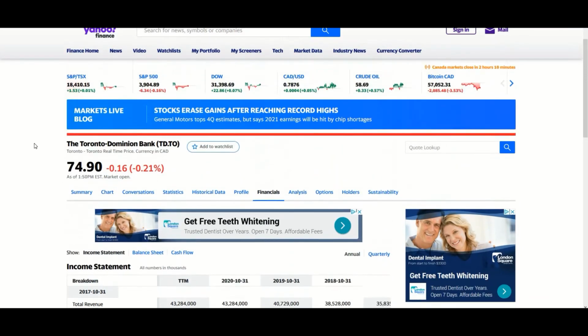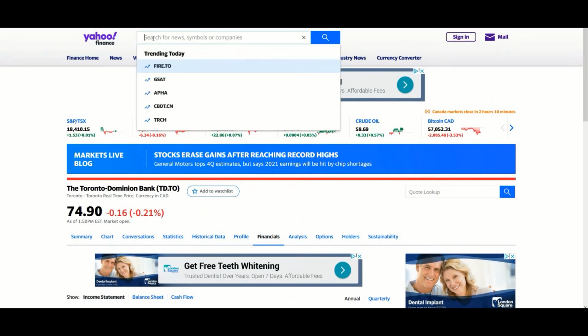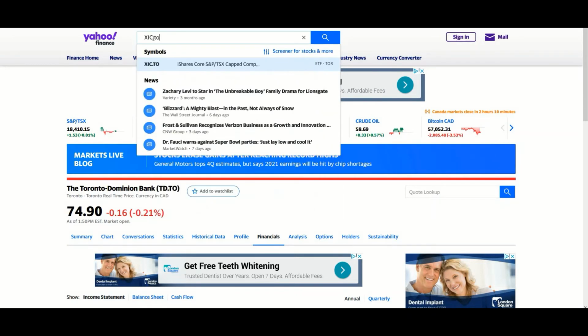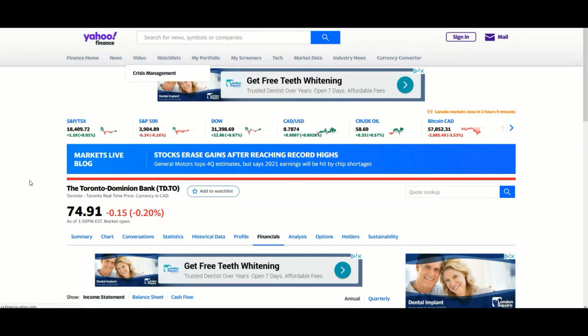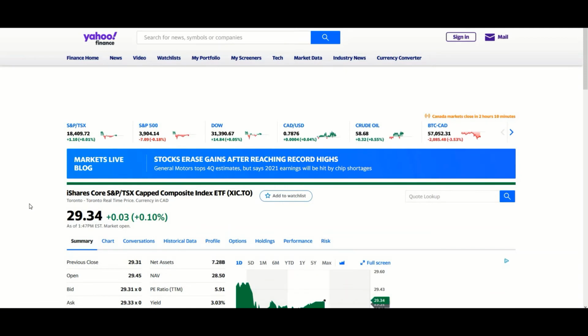So if you're planning to buy an ETF as well, you can use this. Let's say for an example, xic.to is the ETF I'm planning to buy. So it'll show me xic.to is the symbol, and the name is iShares Core S&P TSX Capped Composite Index ETF.